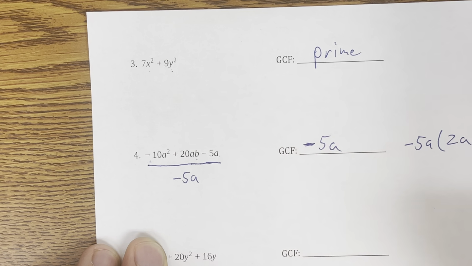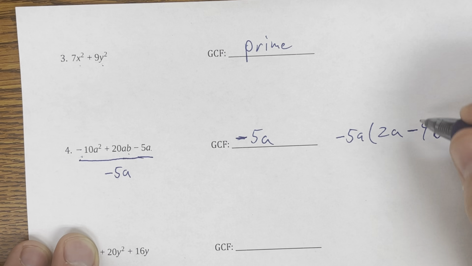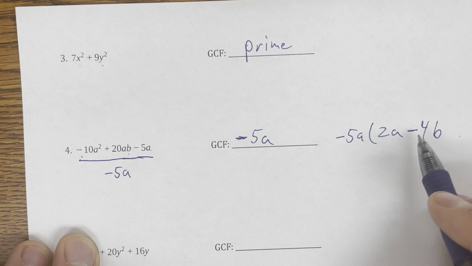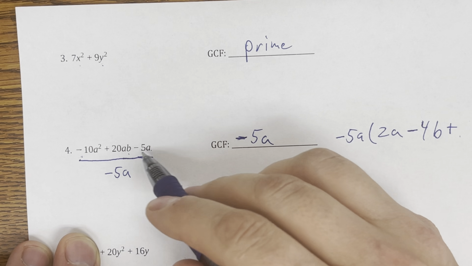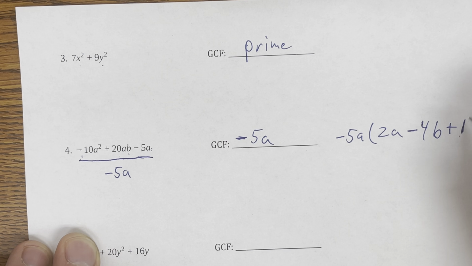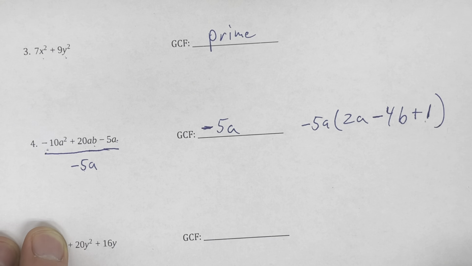A over a cancels. I still have a b, so the b has to stay. So I have a negative 4b. If I were to distribute that back out, I'd have positive 20ab. Yep, good to go. Negative 5 divided by negative 5 is a positive, and anything divided by itself is 1. We got it factored.